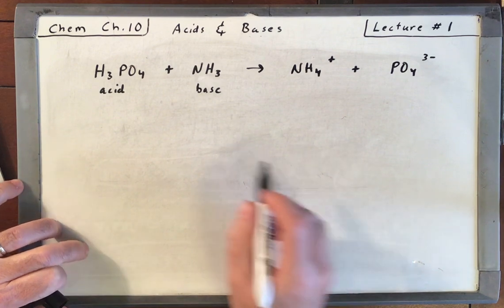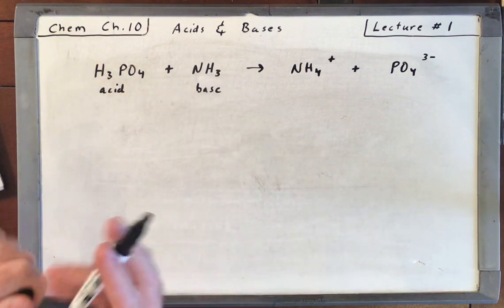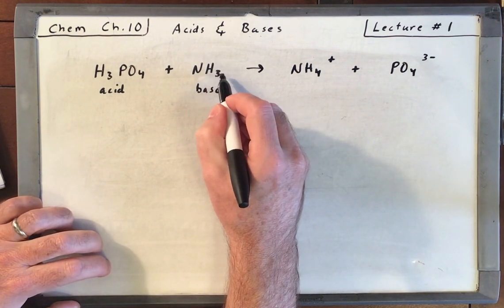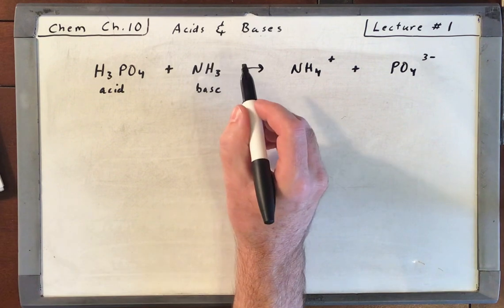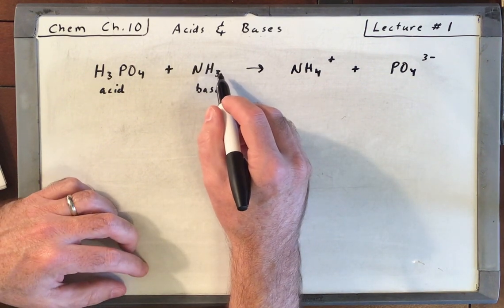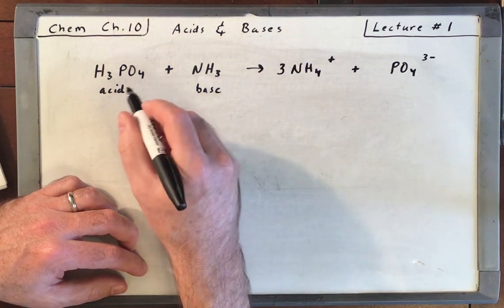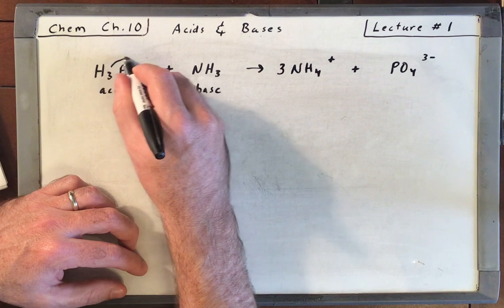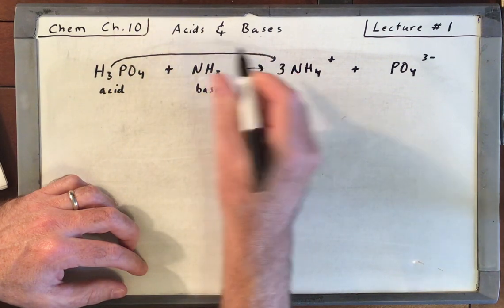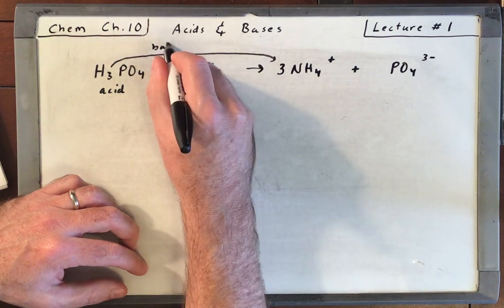Okay, these hydrogens were given away to NH3. However, nitrogen can't add 3 hydrogens. It doesn't have enough space around it for that many electrons. So what you need is 3 NH4s. Now, how did I know that? Well, this is the balancing trick. You just take the number of hydrogens that you have to give away and make that the coefficient in front of the NH4.